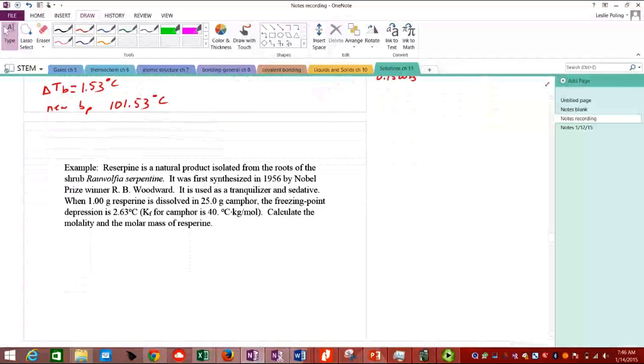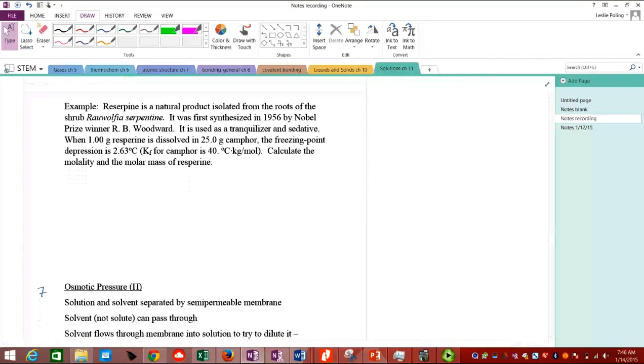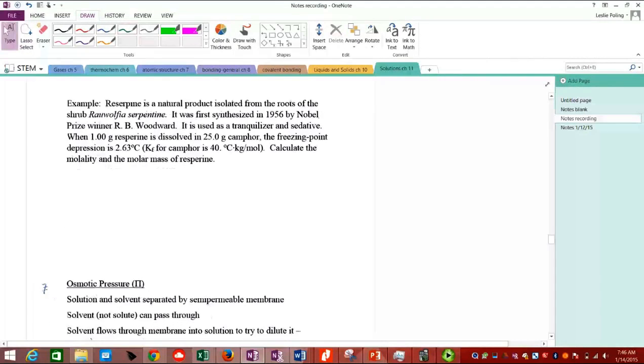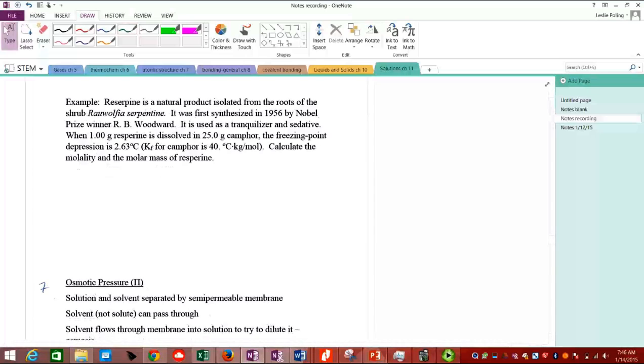So let's do another one. All right. We've got a lot of nice background information about the compound, but that's nothing that we need to do the problem. So let's look at what we need to do the problem.